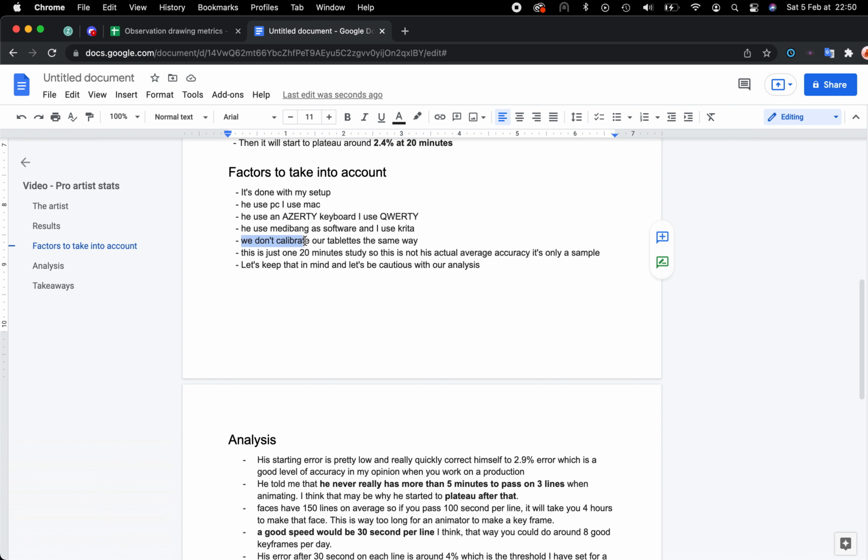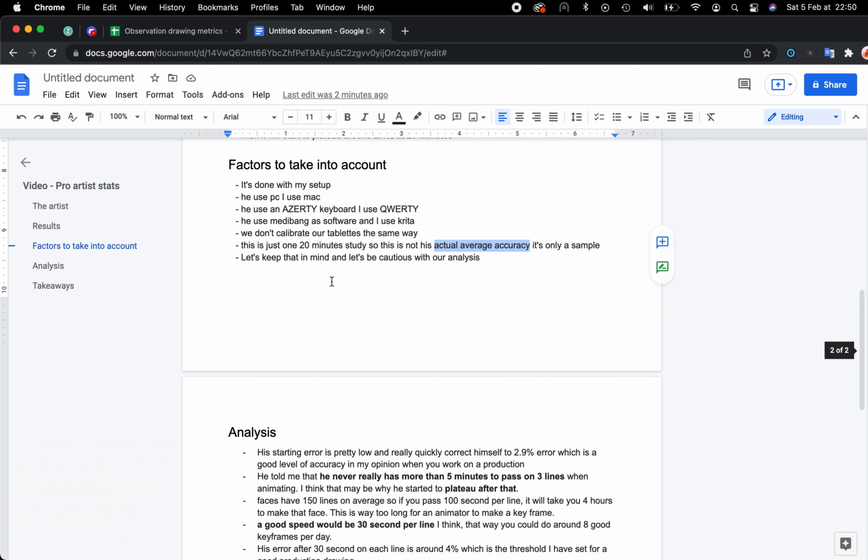We don't calibrate our tablet the same way, so the cursor is not exactly the same on the screen, so it's a bit annoying. Something else, this is just one 20-minute study, so it's not his actual average accuracy, it's only one sample. Let's keep all of that in mind before we draw too many conclusions.